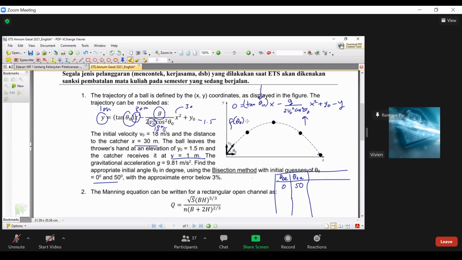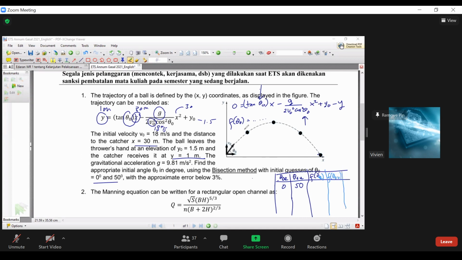So we have to find the value of f theta 0 for the lower limit, and we can also find f theta 0 for the upper limit.